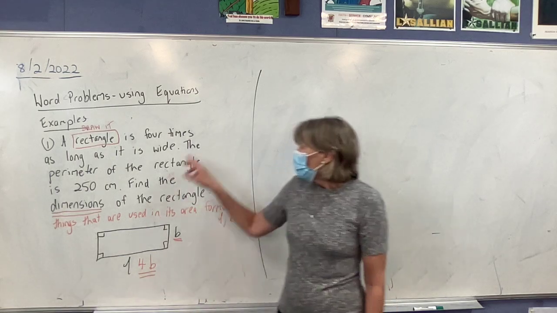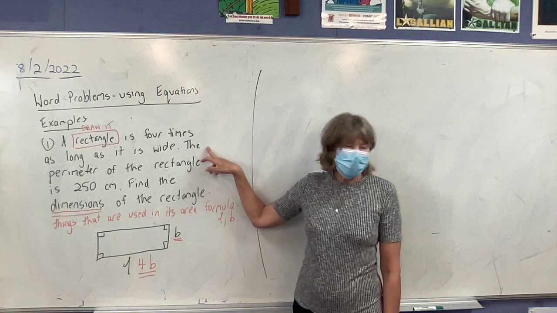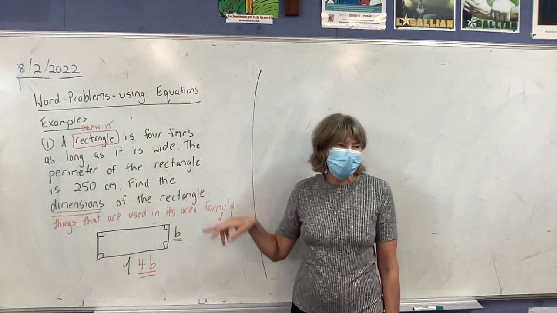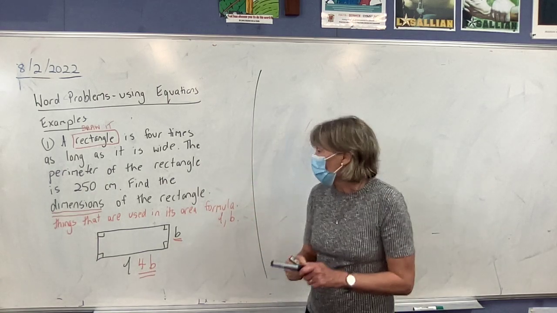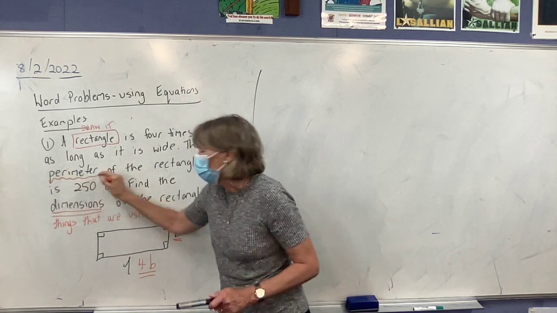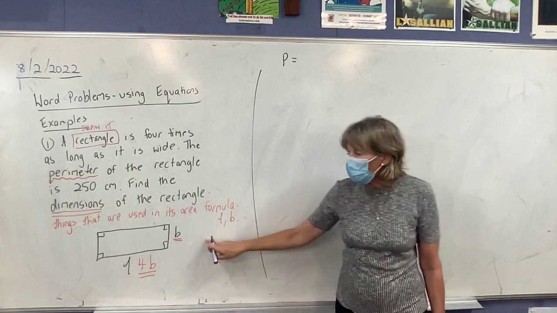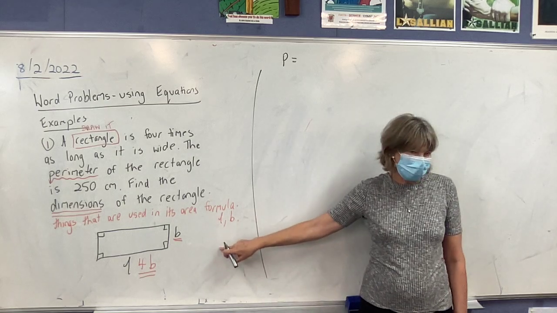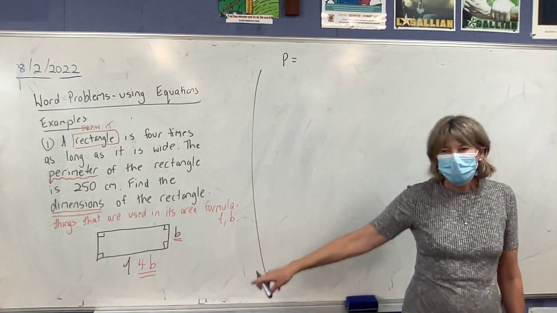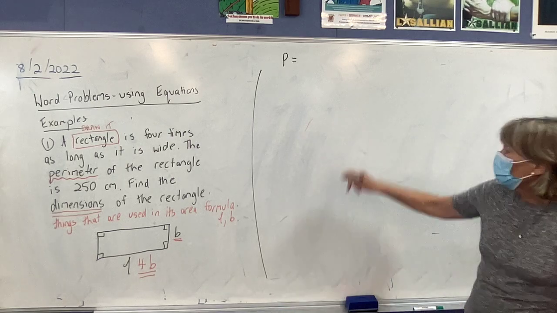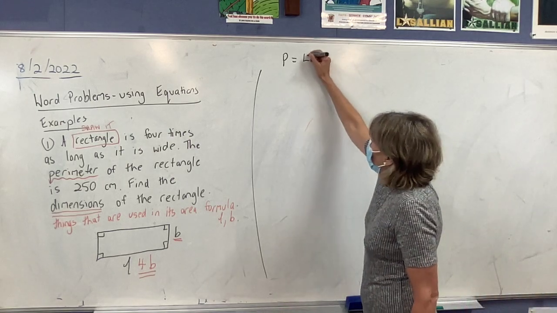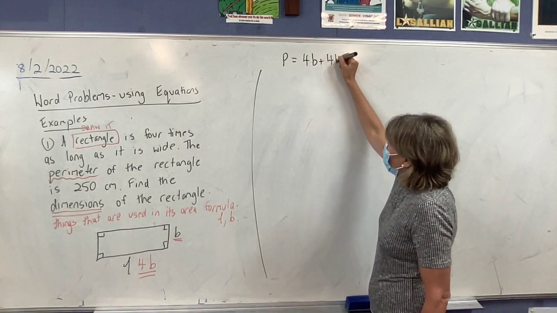Okay, now, there's another sentence here, and it says the perimeter of the rectangle is 250 centimetres. So when they're looking at perimeter, you're going to start with P equals and do what you would normally do for this shape that we're looking at. So how would we write the perimeter down there? Noah? 4B plus 4B plus B plus B. Keep going.